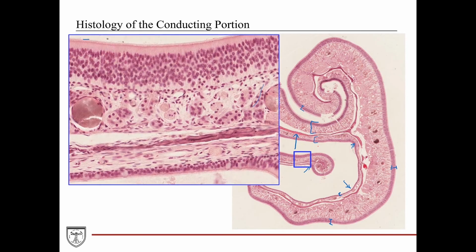Looking at the boxed area at a higher magnification, we can actually see the respiratory epithelium right here, which is made up of a thinner layer of pseudostratified ciliated columnar epithelium, which is starting to transition right around here. That same epithelium is starting to thicken.